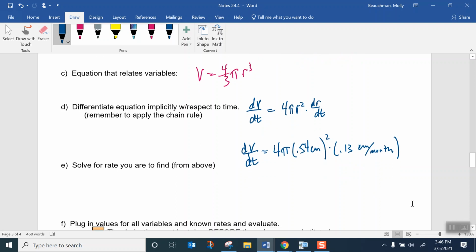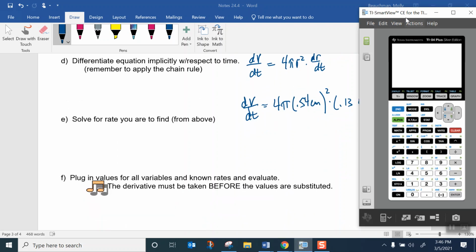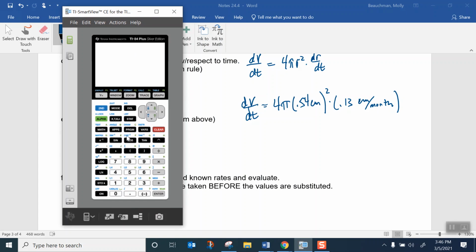So in this case, we're going to go ahead and multiply. Get the calculator. We're going to take, for exact value, 4 times 0.54 squared, because we're squaring the 0.54, times 0.13.